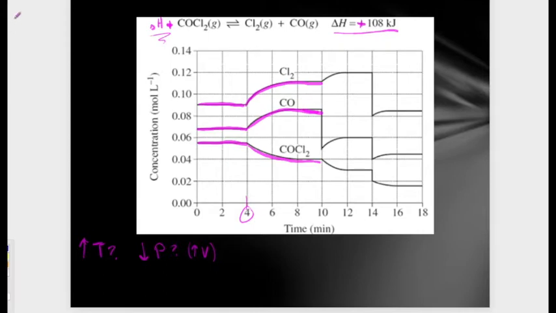You guys need to get this in your notes. So Le Chatelier's principle tells us that for gases, if we decrease the pressure, the system will shift to favor the production of more gaseous moles.